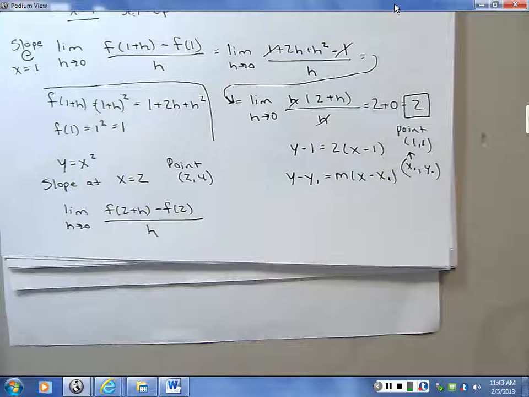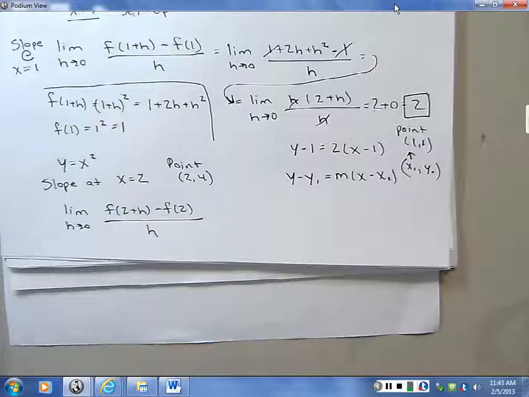Our second answer would be the slope at the point 2, 4. Why is it 2, 4? Because your x value is 2, right? If I plug in 2 to my function, I get out 4. Then if I set up my limit, the slope is 4. So you have a point and a slope, you should be able to find an equation of a tangent line in point-slope form. The rest is the same.